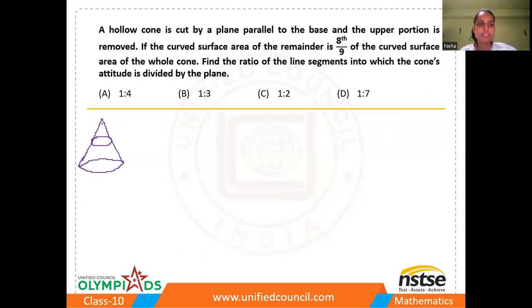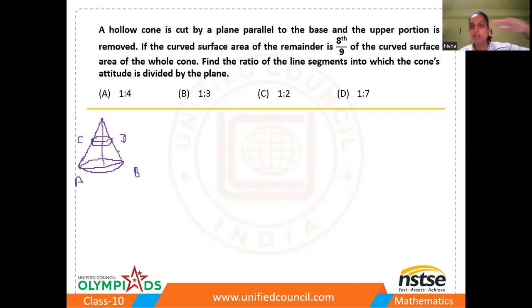First let me draw the cone completely. This is the diameter of the lower circle and this is the diameter of the upper circle. I am cutting the cone along CD. Let's suppose this is AB and this is CD.